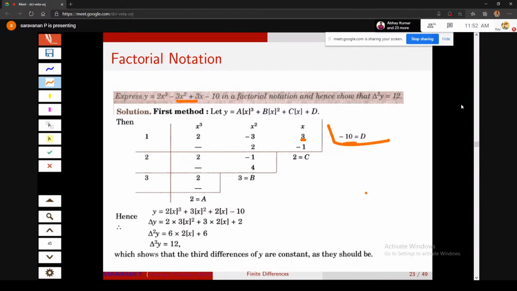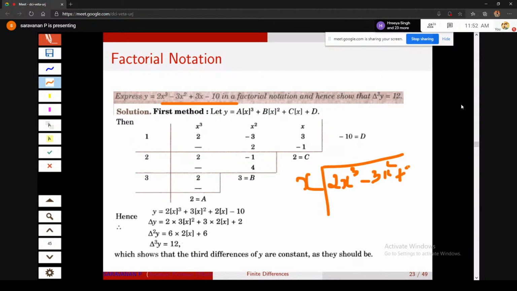It actually means that I am dividing that polynomial by x. So if I divide 2x cube minus 3x square plus 3x minus 10 by x, what will we get? We will get 2x square minus 3x plus 3.